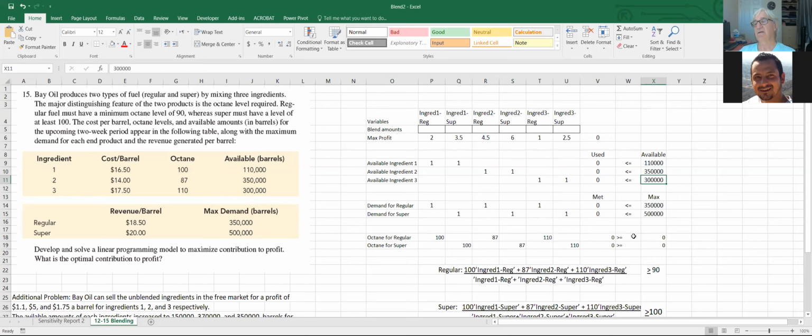And the sum product, to remind you, you write sum product, and then you take the first vector here, comma, the second vector here, close parenthesis. You put the dollar sign on the first vector by pressing F4 after you enter it.